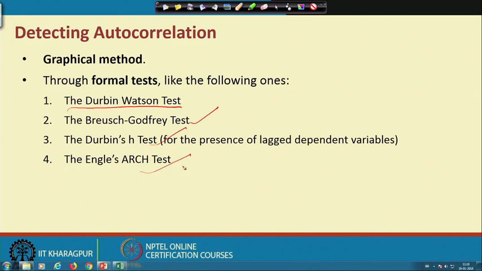But most software gives the value of the Durbin-Watson D statistic, and through it you can get to know the position of the autocorrelation, that is, the exact degree, before we go for predictions.